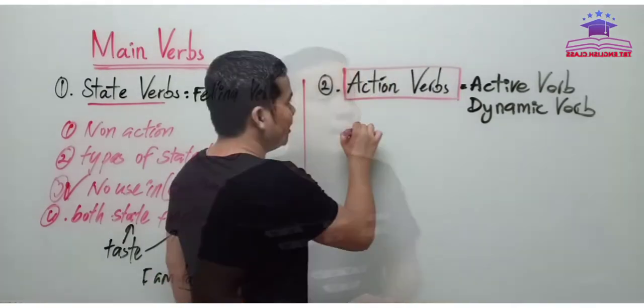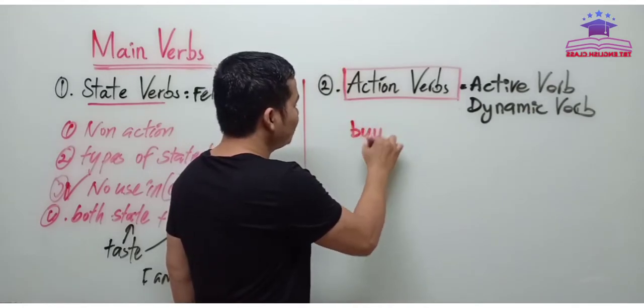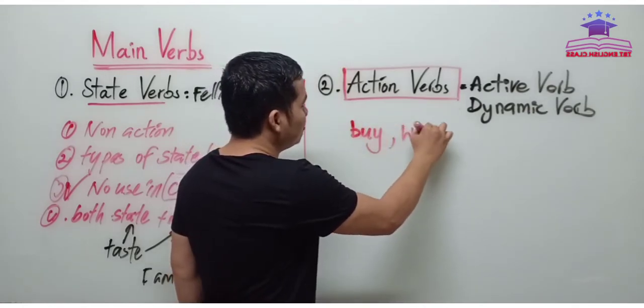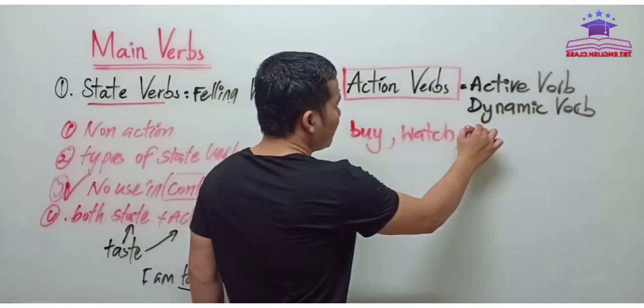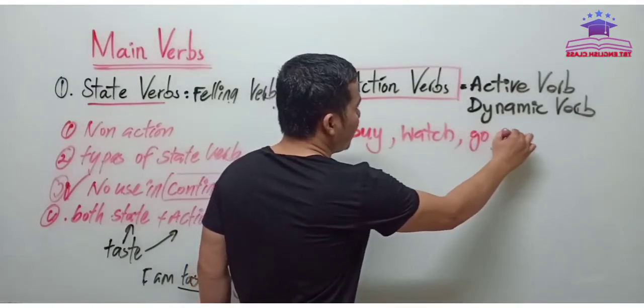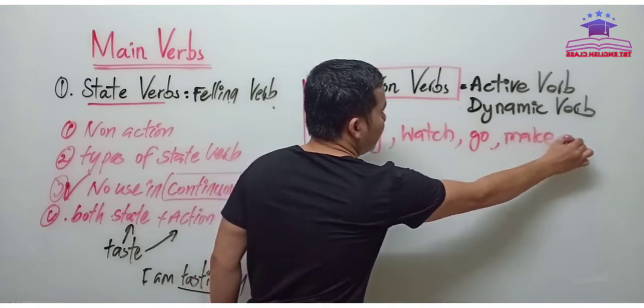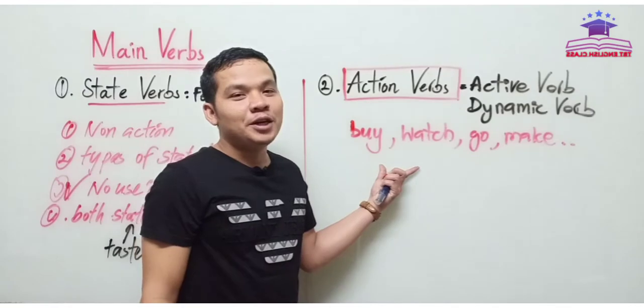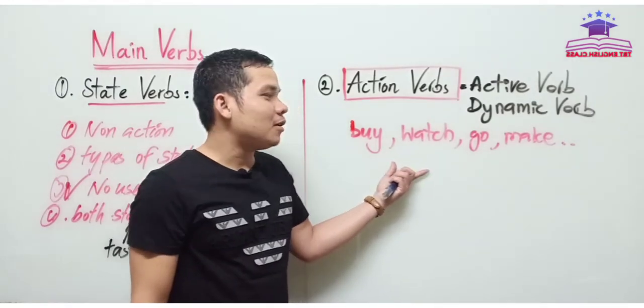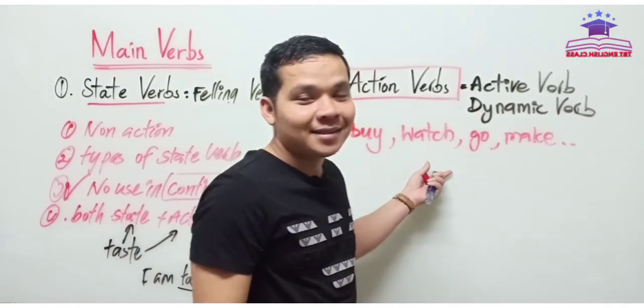Like buy, like watch, like go, make, and a lot more. So all of these verbs we call action verb because they show the action that the subject does.